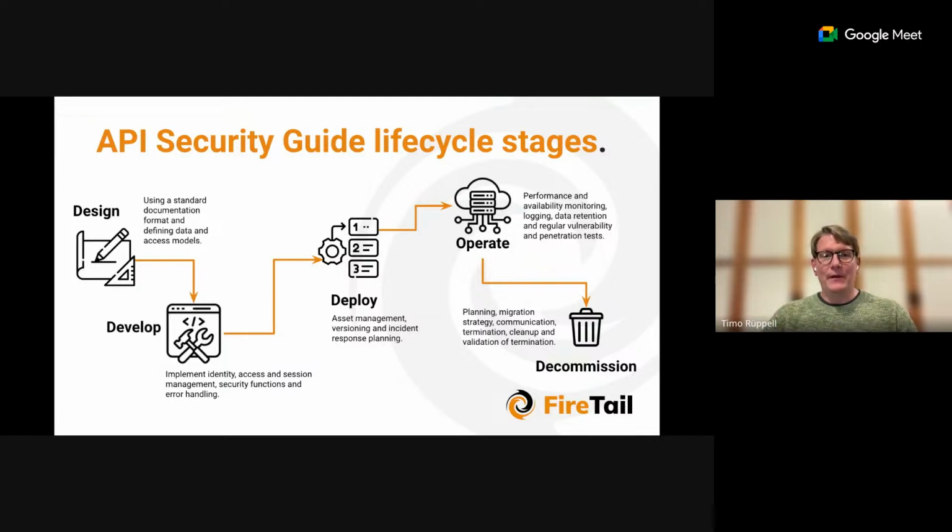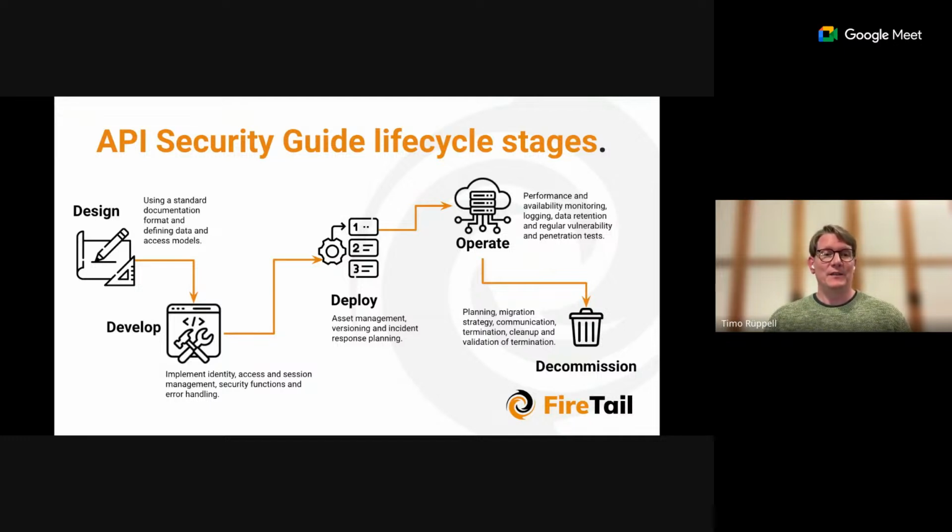So we start off with the design phase, and in the design phase, obviously the most important thing that we've identified so far is to have good documentation. So having a specification document that is machine readable, that can help you with defining your API, defining data models, defining access models, etc. That is a key element in the design phase, among others. Going over into the development phase, it's obviously important to handle identity and access management and session management.